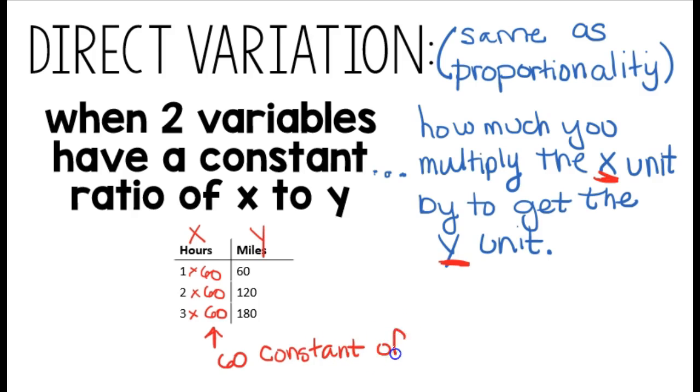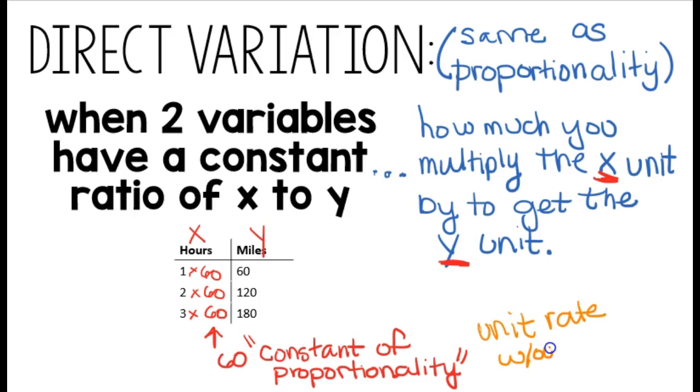Constant of proportionality. And you might be thinking, well, this constant of proportionality that you call it, isn't this just the unit rate? And it is. The constant of proportionality is just a unit rate without the units.